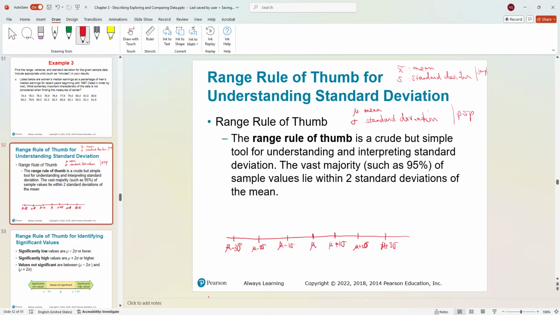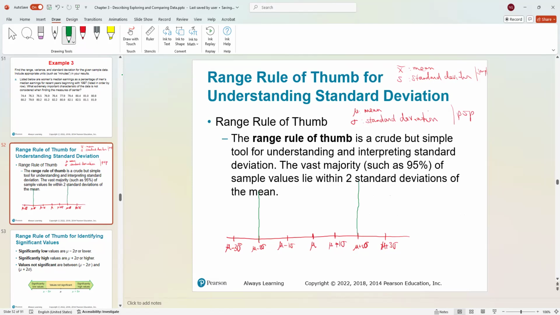What the rule of thumb tells us is based on the principle that for many data sets, the vast majority, like 95% of the data, lies within two standard deviations. That means the vast majority of the data lies between these two.